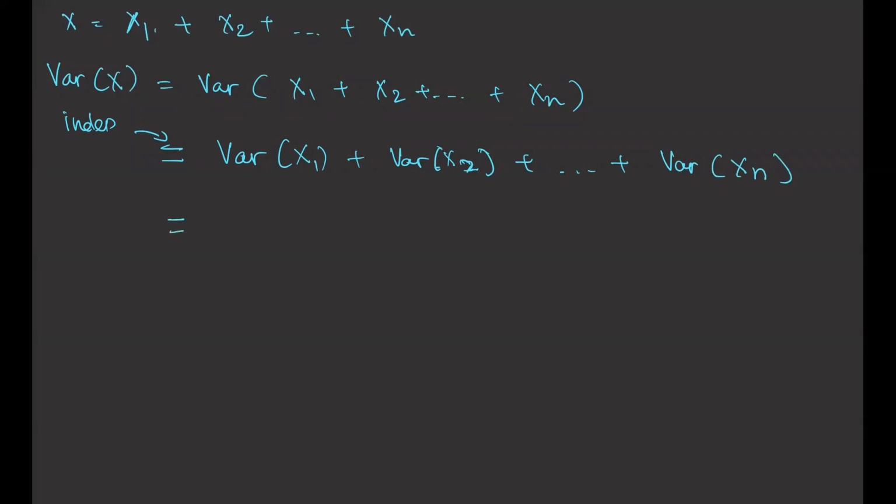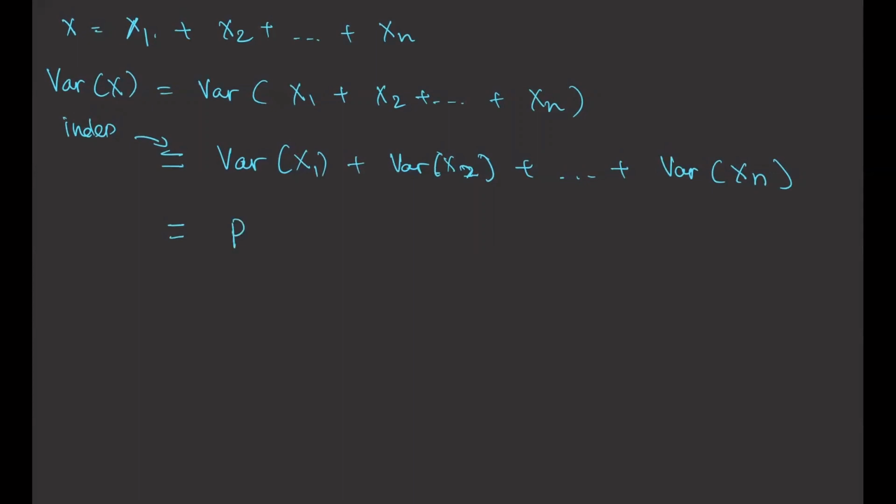And what is variance of x1? x1 is a Bernoulli random variable with parameter p. So variance of a Bernoulli random variable with parameter p is P multiplied with Q. Similarly for x2, for x3, x4 up until xn.